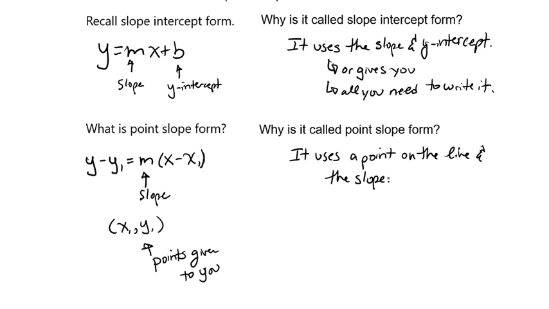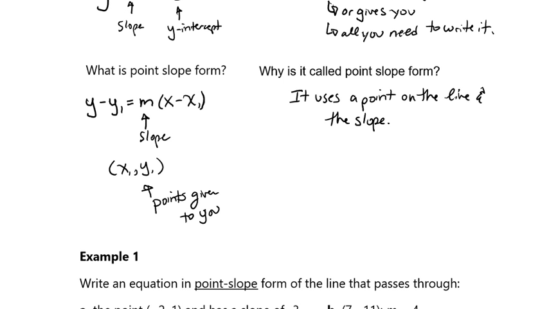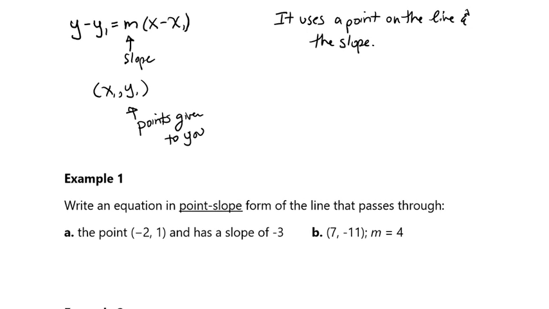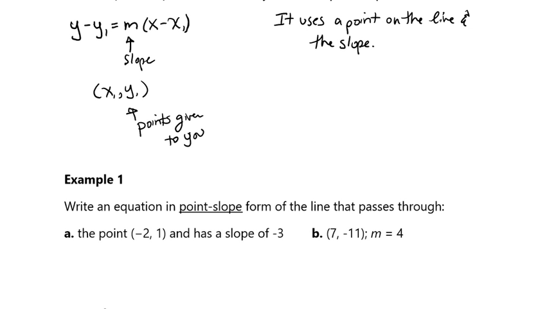Let's do a couple of equations so we can see how this works out. We'll start with this first example where it says write an equation in point-slope form of a line that passes through these points with this slope. So it's asking us to use that equation right there, point-slope form. So here's my x1, here is my y1, and here is my slope, my m.